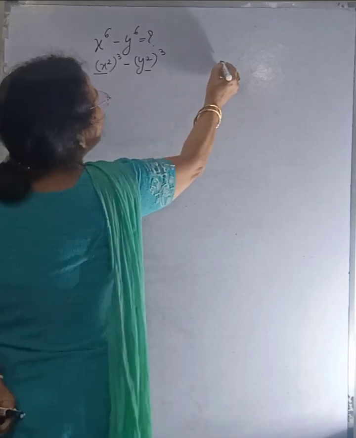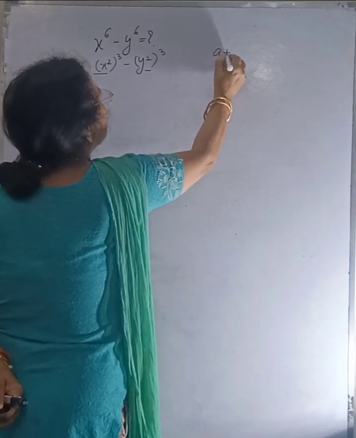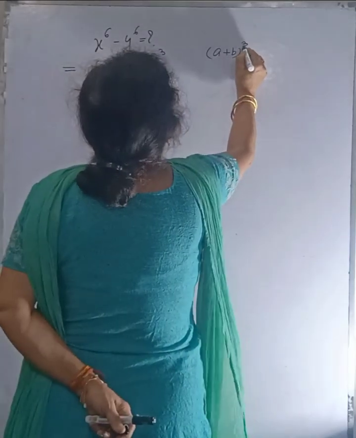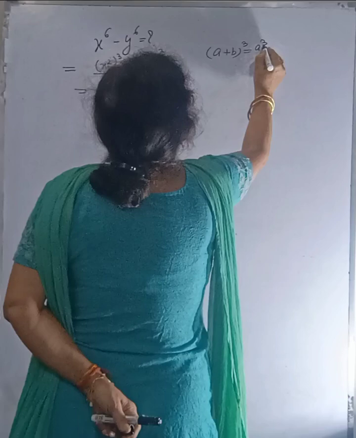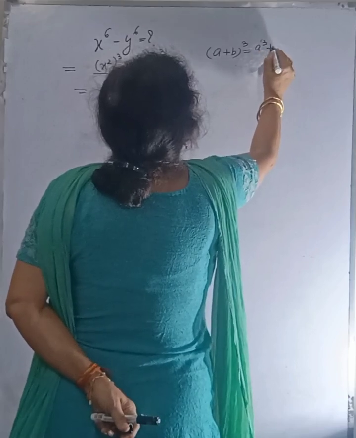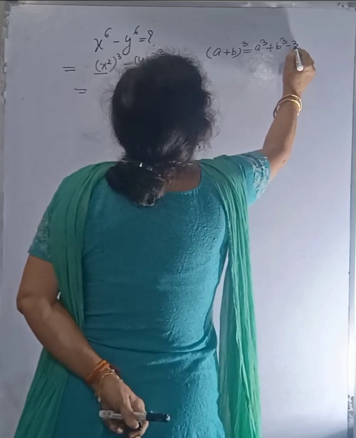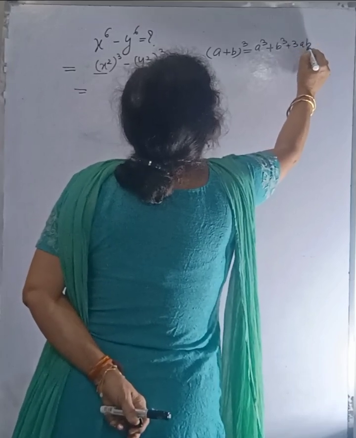by using the formula that a plus b whole cube can be written as a cube plus b cube plus 3 times ab into a plus b.